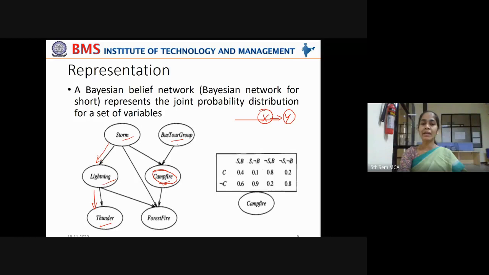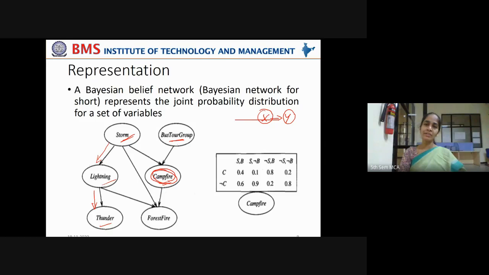Campfire is conditionally dependent on storm and Bus tour group because they are its predecessors. They are its parents. Storm and Bus tour group are its parents in the particular network. That is why campfire is conditionally dependent on storm and Bus tour group.